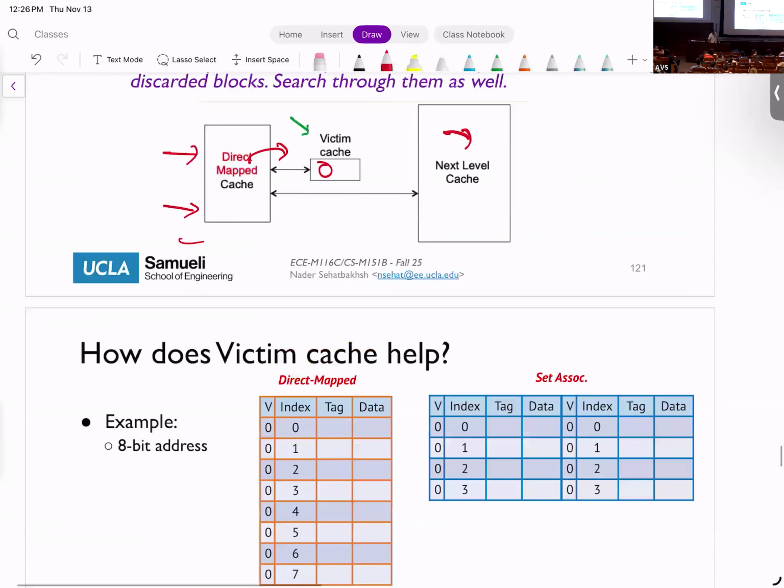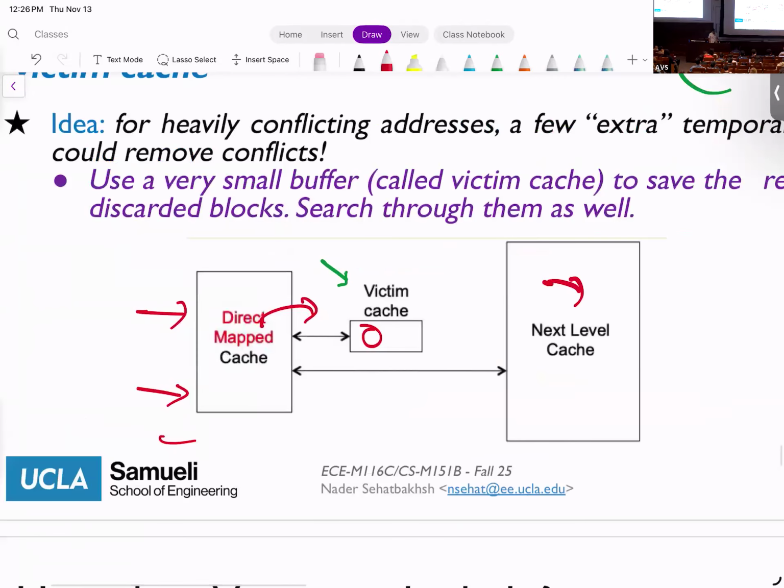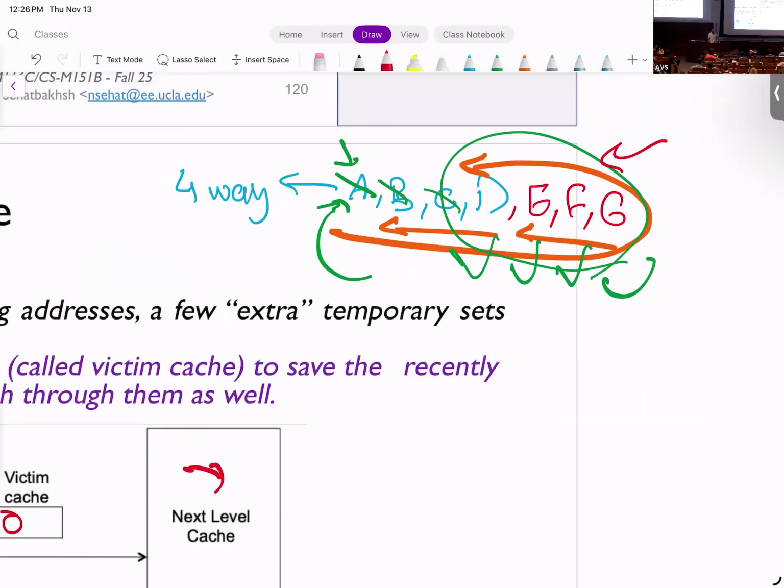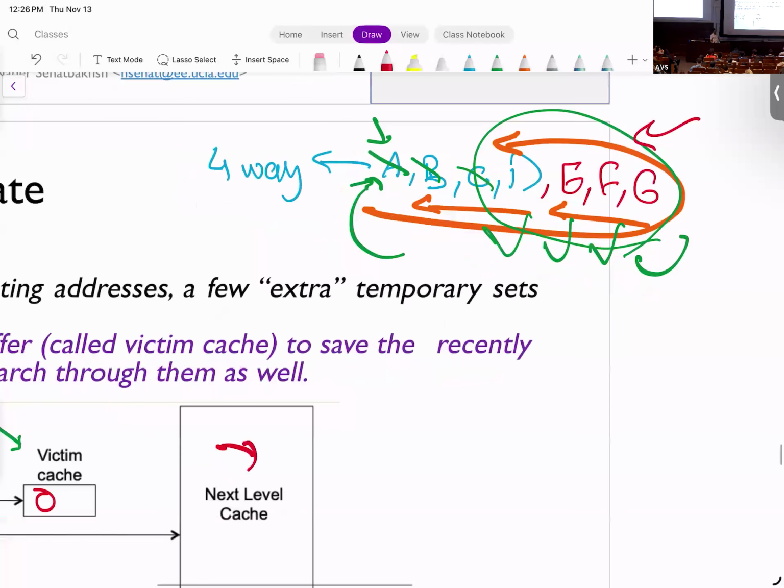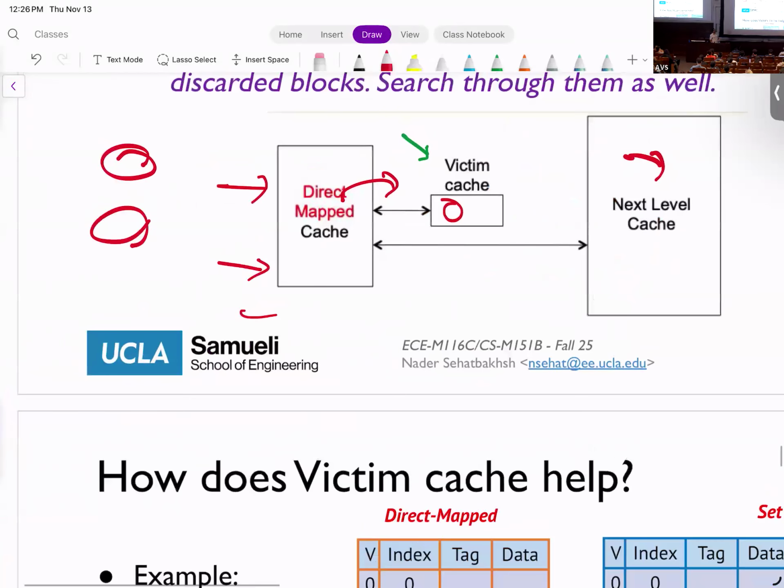So of course victim cache is not going to fix all the problems. If you have 2 sets like this, then another set of A prime, B prime, C prime, and I don't have enough space in the victim cache, then things will also kick each other out inside the victim cache itself. For sure that could happen. This is just a probability, and the probability of something like that happening is very low.